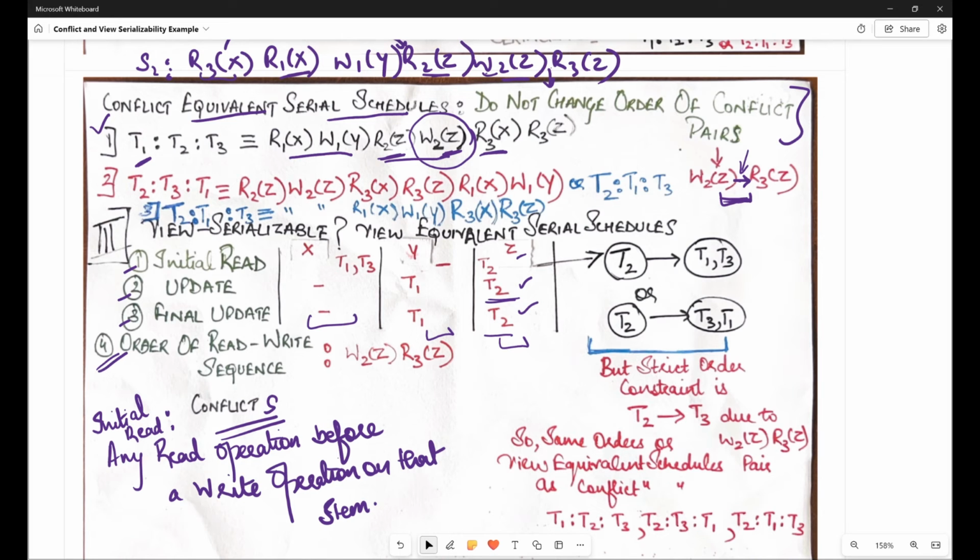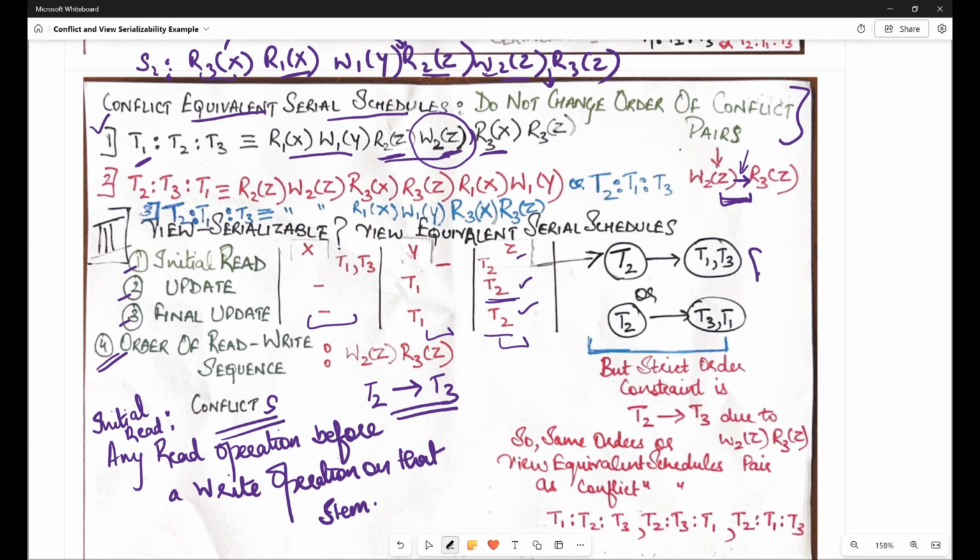So let's move to our fourth check, which is the order of read-write sequence of conflict pairs. Which was the conflict pair? You had only one conflict pair, W2Z and R3Z. According to this, you need to obey the order that W2Z, that means T2, will always come before T3. Based on this, we have already formed the schedules, so the same would be the answer.